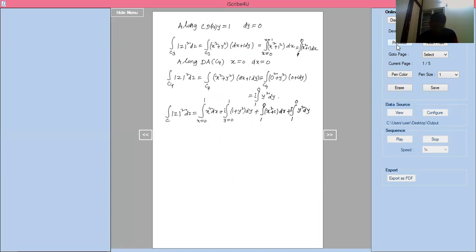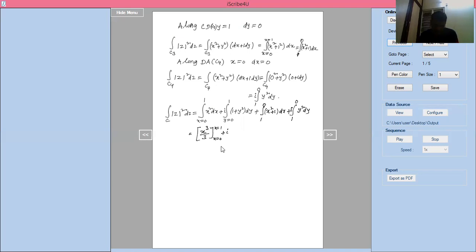Now, the integral of x square into dx you will write as x cube by 3, with limit x equal to 0 to 1, plus i into the integral of 1 plus y square into dy.